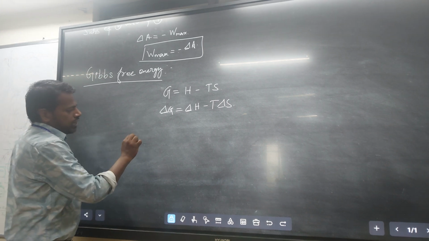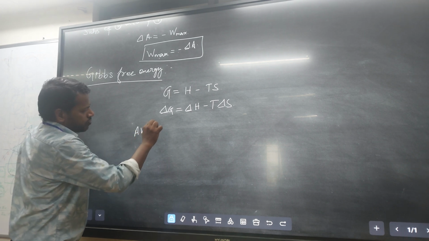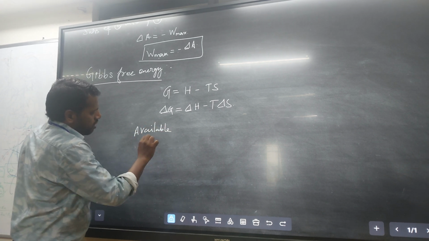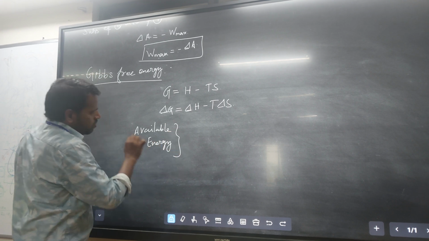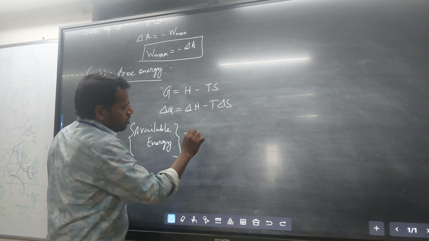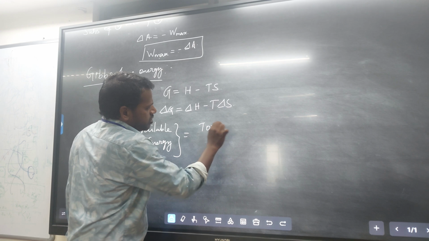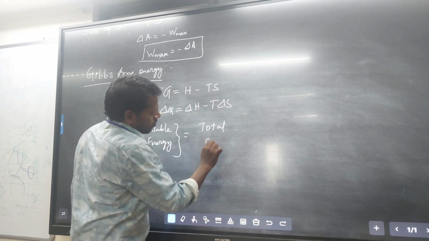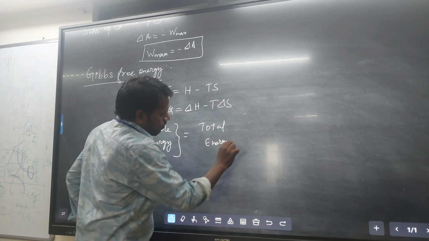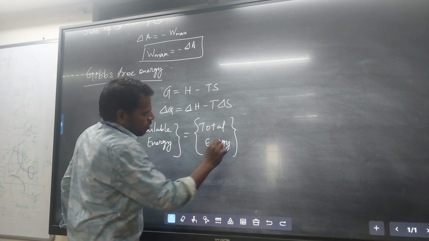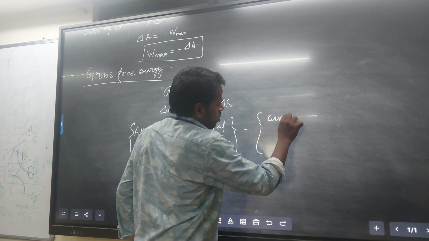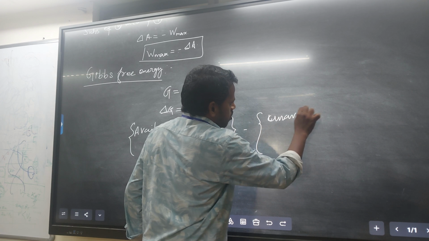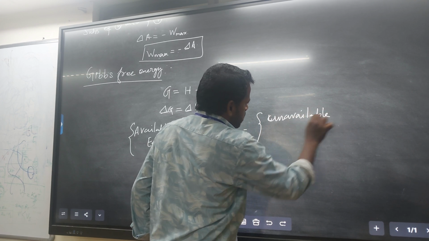Delta G means available energy. Available energy equals total energy minus unavailable energy.